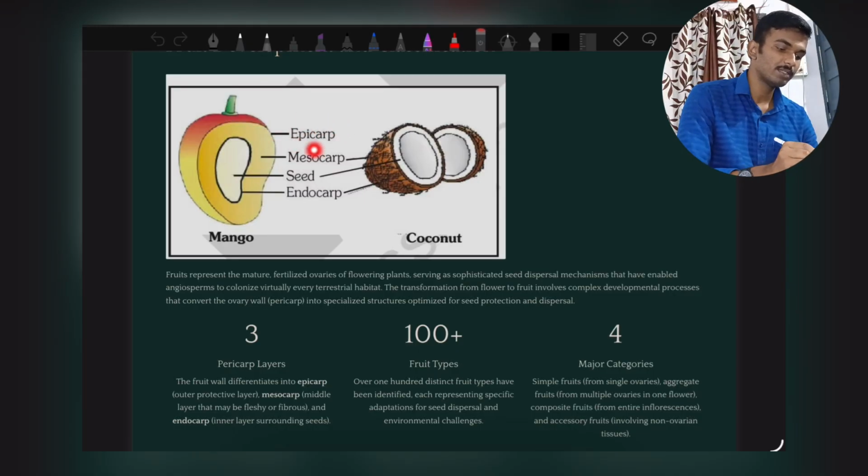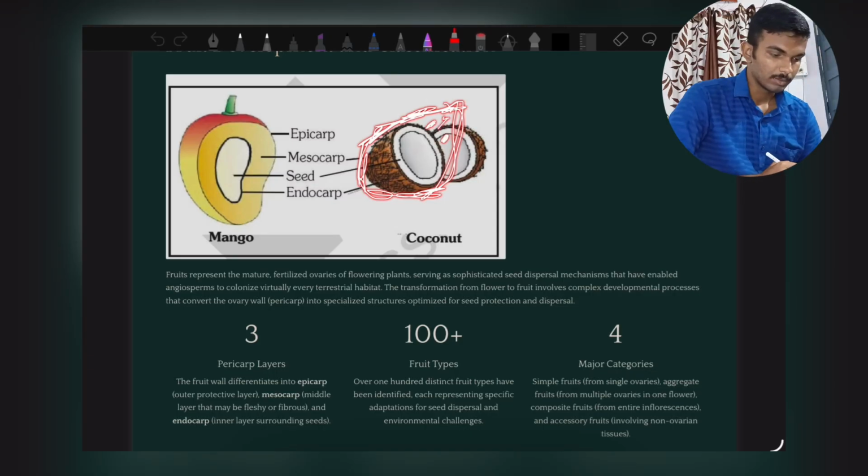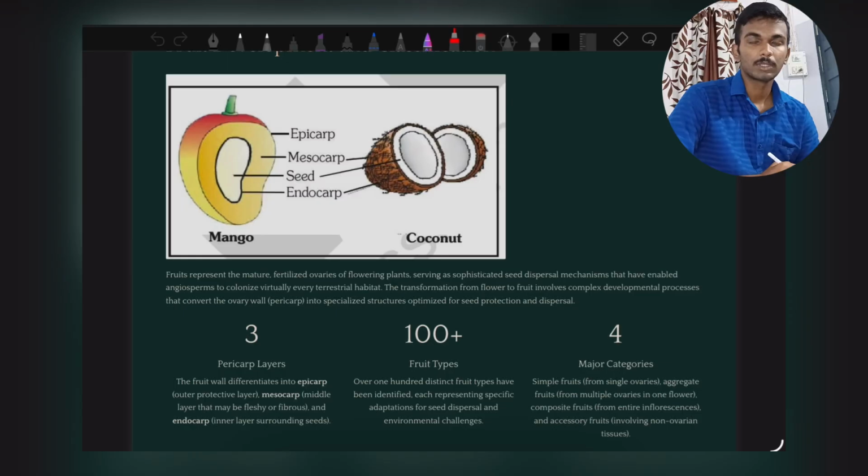Epicarp is a thin sheet-like structure in mango, and there is an epicarp which is just like this, as you have seen in any coconut on a tree.